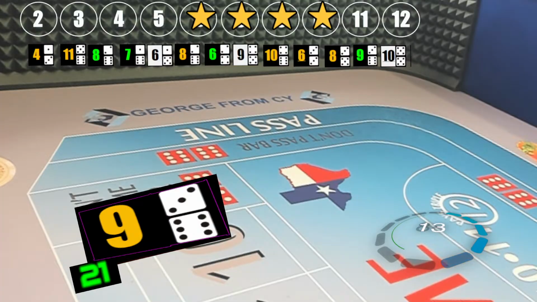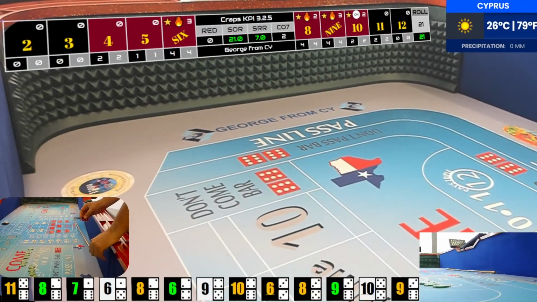2, 1, 2, 3. Being SJ's set. That's it. That's it. 5, 4, 9.